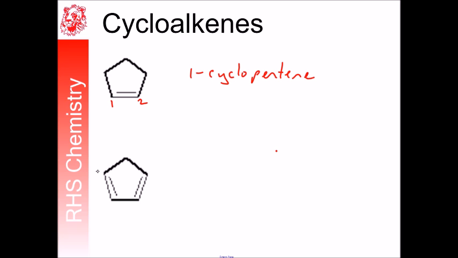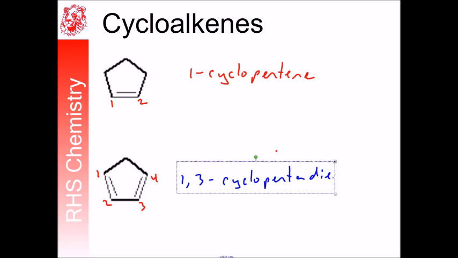And so over here we would want to have 1, 2, 3, 4. We could not go and do this 1, 2, because my double bond doesn't start at carbon number 1 and then go to carbon number 2. So this is going to be 1,3-cyclopentadiene. And this actually shows up a bunch in organic chemistry.